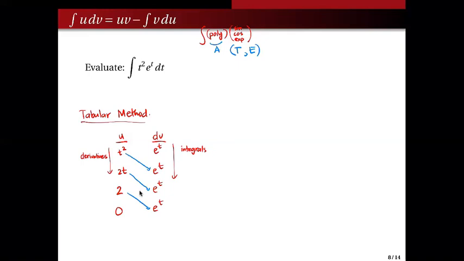Once you have this, you now write signs alternately starting from positive. Positive, negative, positive. So in here, you have positive, here you have negative, here you have positive.